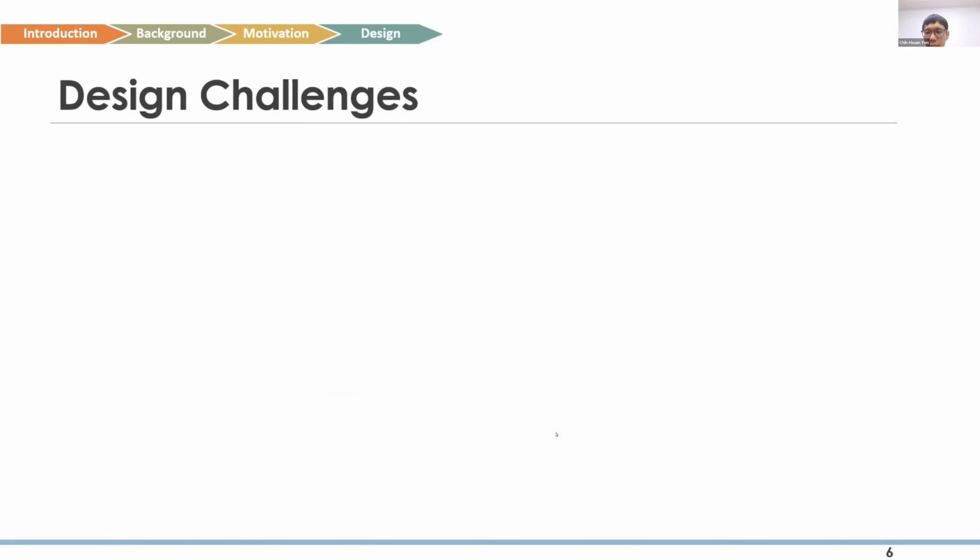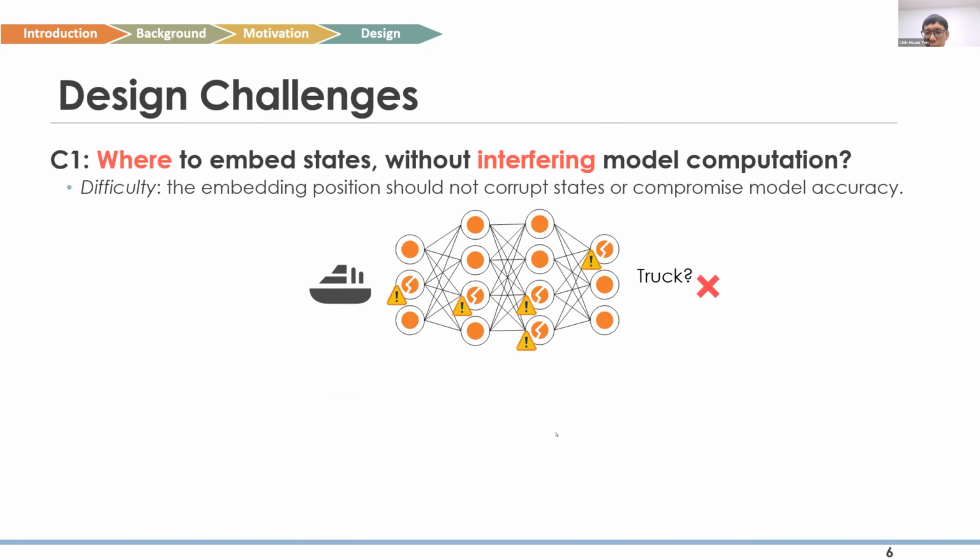Realizing stateful DNNs raises two design challenges. The first challenge is where to embed states in the network such that the states and output features are isolated and not corrupted during inference. This is particularly difficult because embedding at improper locations may cause the state to be lost, or more seriously, compromise the model accuracy.